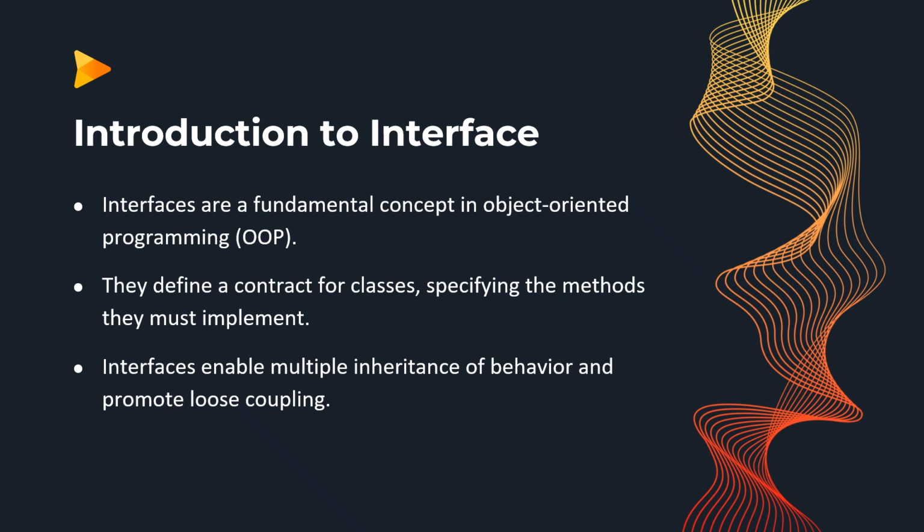This is a very important application of interface. An interviewer can ask you how to implement multiple inheritance in Java. You can answer that in Java multiple inheritance is not possible, but by using interface you can implement multiple inheritance. This is the answer for that question.